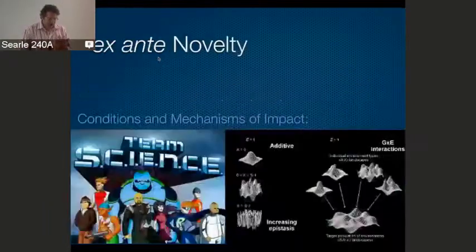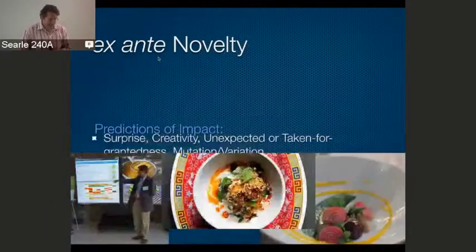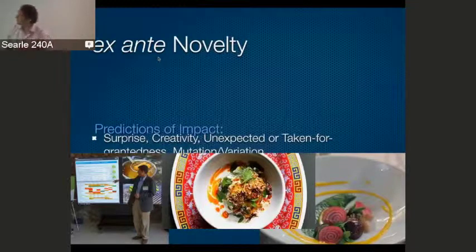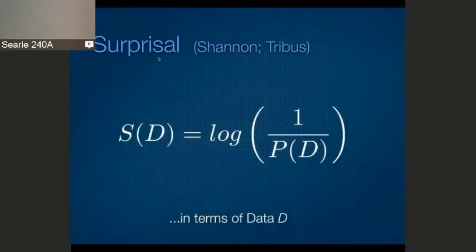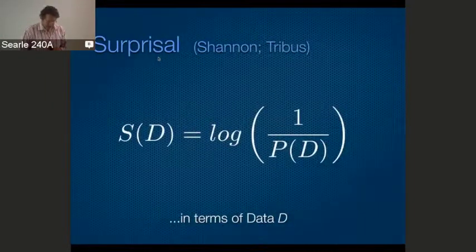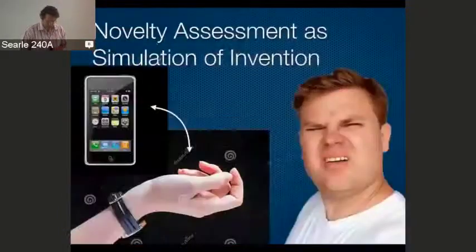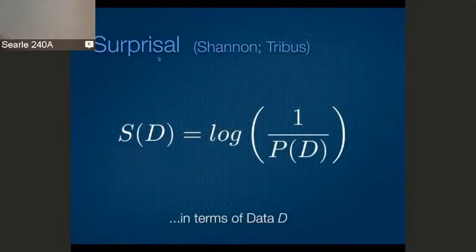And insofar as we're able to measure ex-ante novelty as the inverse of the probability of this discovery, then you can back out the likely support that was required for that article to be placed in that venue.